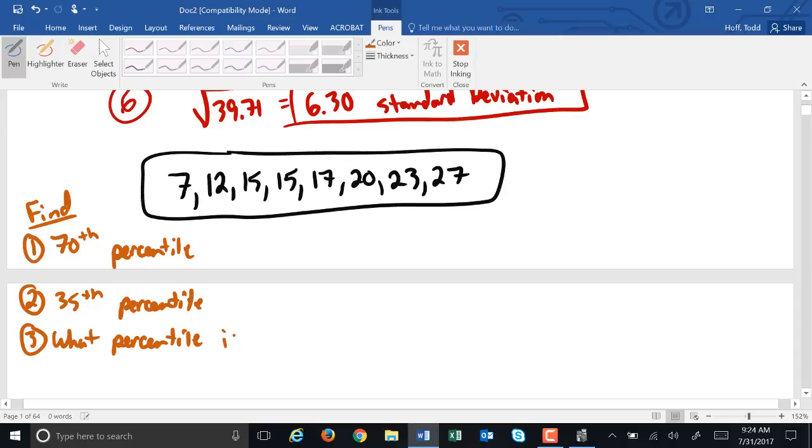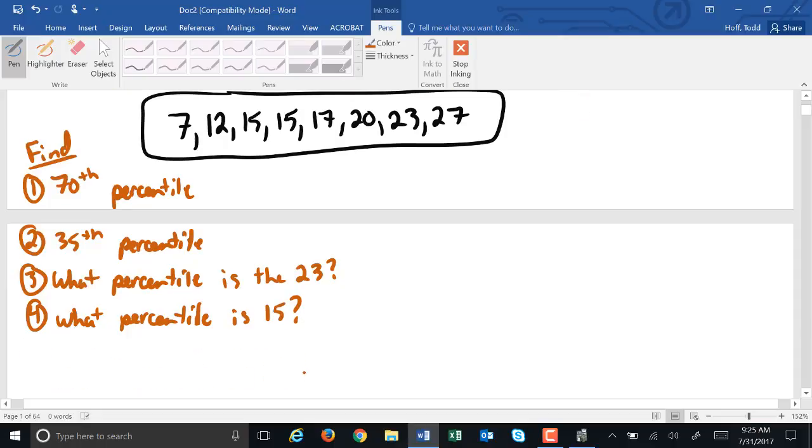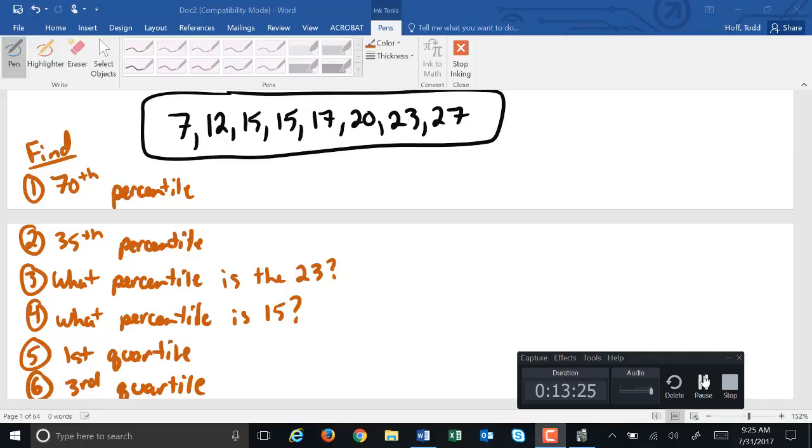And what percentile is the 23? And what percentile is 15? Find the first quartile and the third quartile. I'll give you guys a few minutes to work on those.